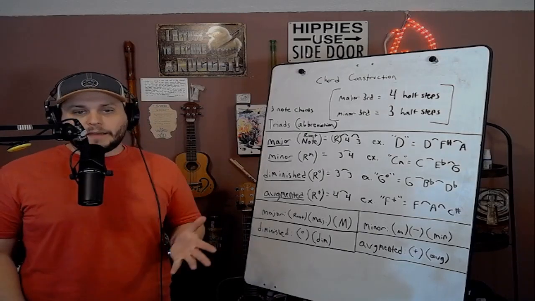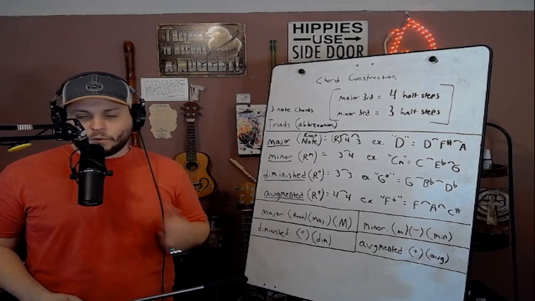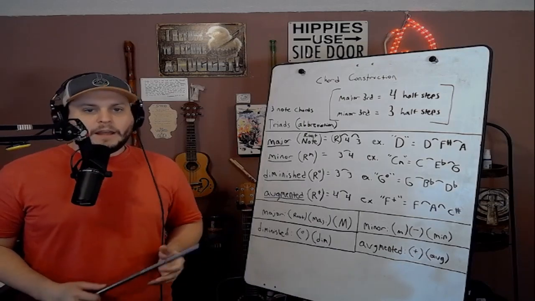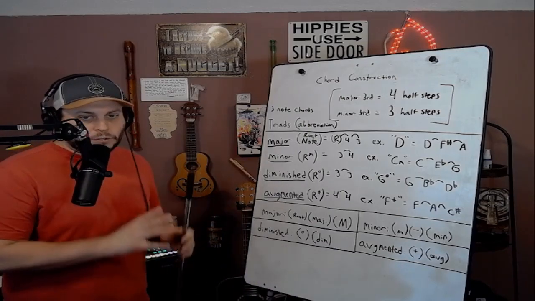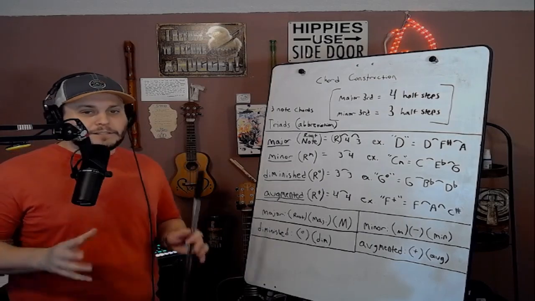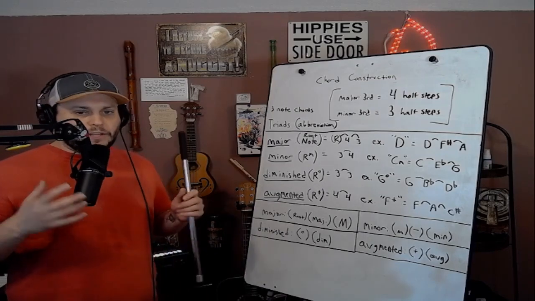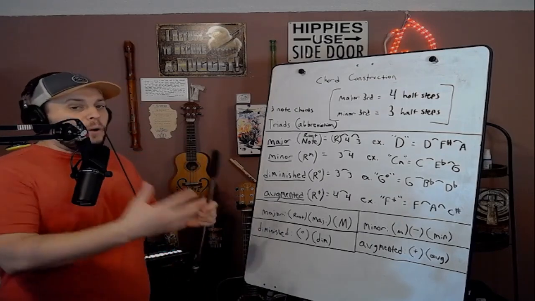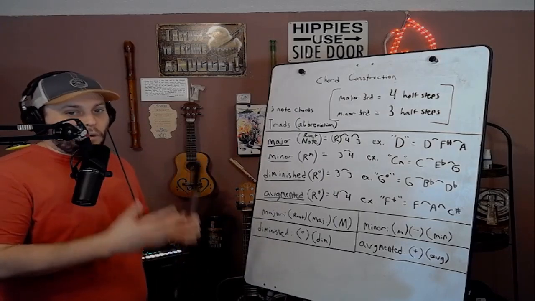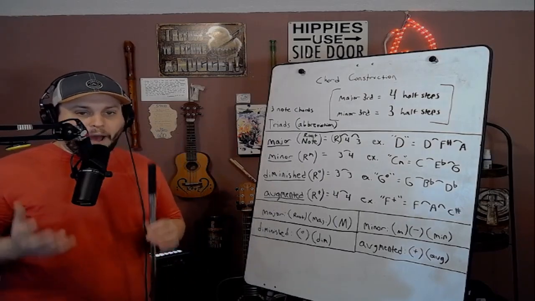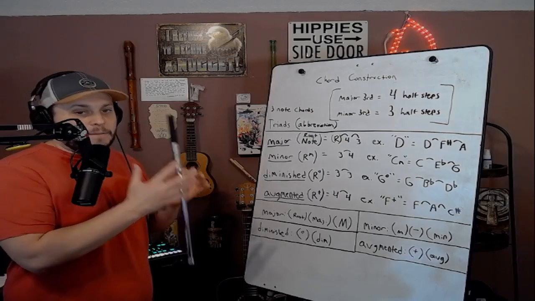What they mean by that is a C major chord or a G major chord. Now, the weird thing about major chords is that you don't have to say major. You can say major, but it goes without saying. If I say a chord that is a root note by itself, then it is a major chord.